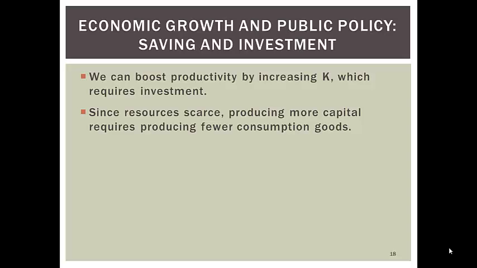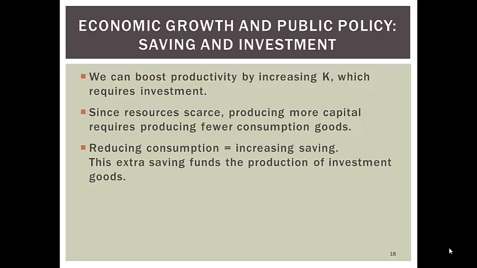Since resources are scarce, producing more capital requires producing less of the consumption goods. So here we're facing a trade-off. We don't know if we want to produce more capital or more consumption goods. You don't know if you want to buy that calculator for your math problems or a pair of new shoes.